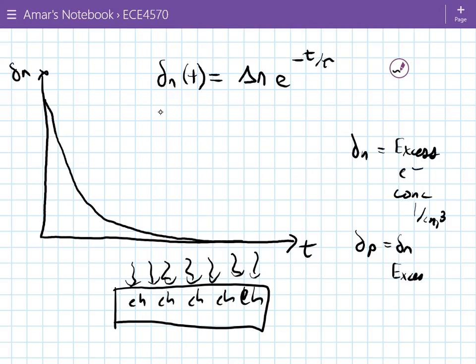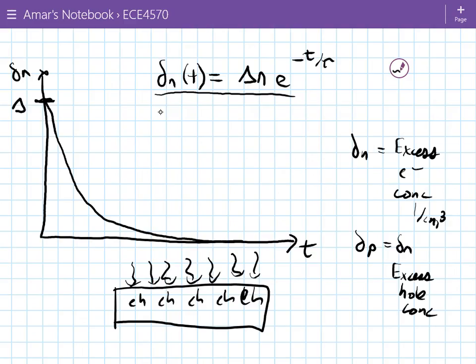Why is delta p equal to delta n? Each electron has a hole. They're created in pairs. So on the y-axis here, I could say delta n, and I could also say delta p, but let's just keep delta n for now. This equation is telling us that if we turn the light off at t equals 0, the excess electron concentration at t equals 0 will be equal to some value, which we'll call delta n.